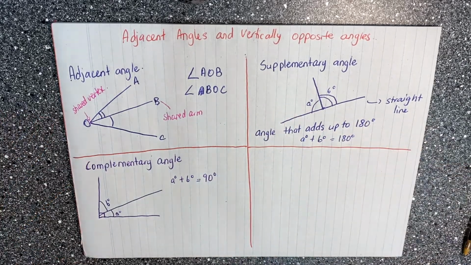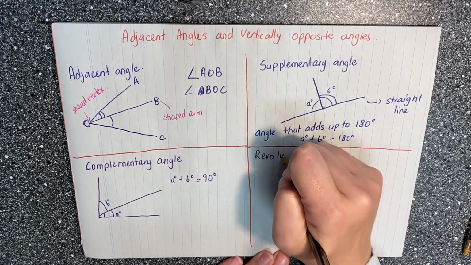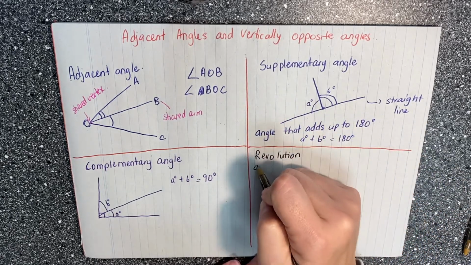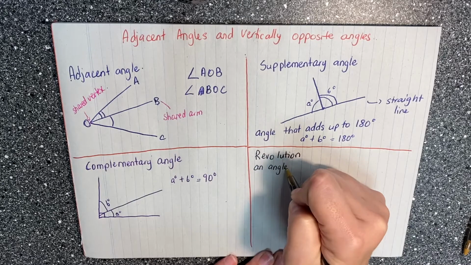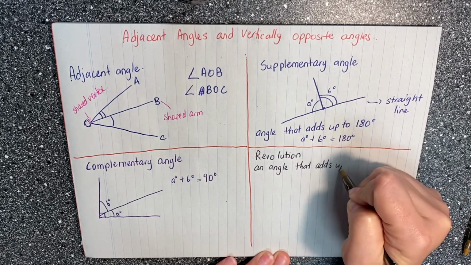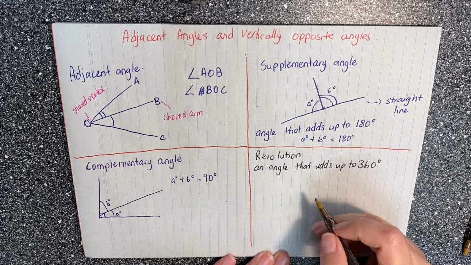All right, next example is a revolution. You might remember a revolution from our previous video on classifying angles. A revolution is an angle that adds up to 360 degrees, so that's why we call it a full revolution.